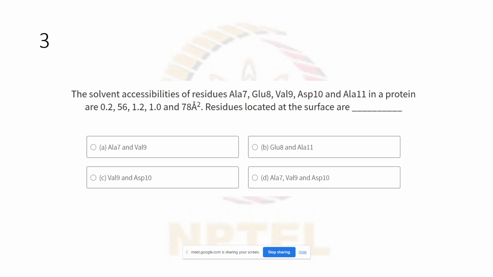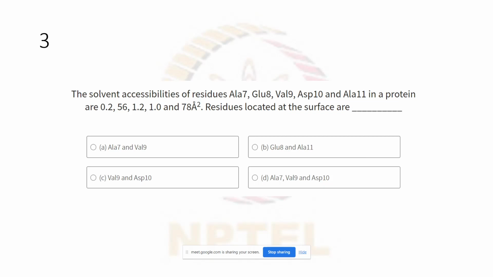So we can divide them into two classes: two residues having higher solvent accessibility of 56 and 78, and the other three residues having lower ones. Based on these values, we can classify the 8th and 11th residues as on the surface. The rest may be in the interior.